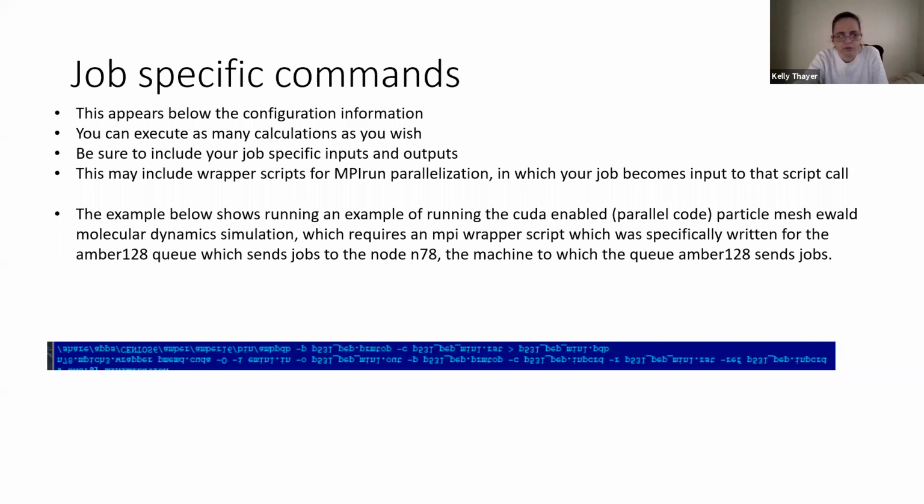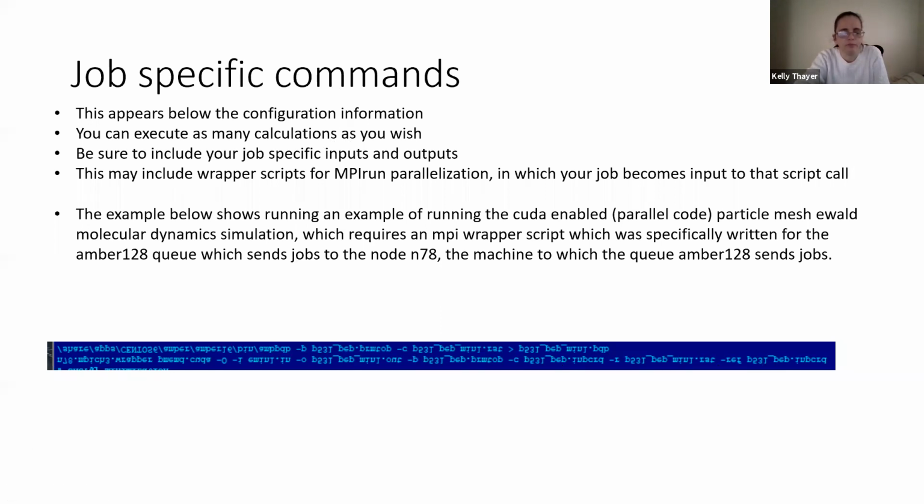So then finally, what we put in our scripts is the job specific command. This is going to be actually running the program that you want to run. So I want to run, oh dear, this is upside down. All right, I want to run an Amber code, and so what we're going to do then is put in the command for actually executing that code.